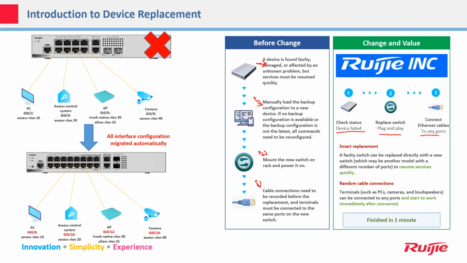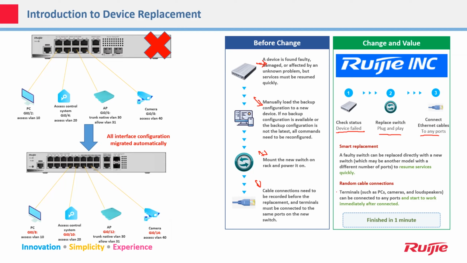In this case, INC can automatically detect that the switch has been replaced and deliver the configuration to the new switch. This is called smart replacement. A faulty switch can be replaced directly with a new switch to resume service quickly. And even random cable connection is supported.